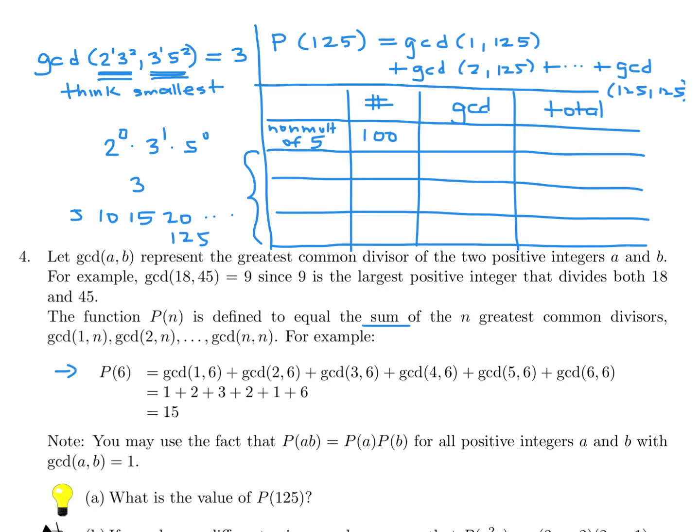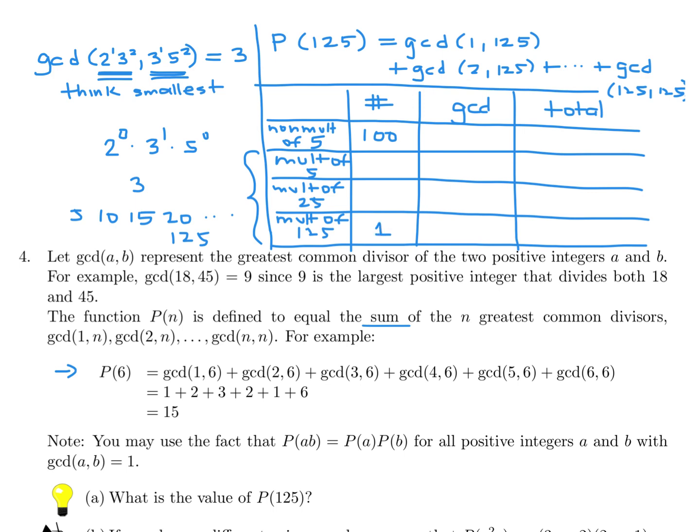Now, multiples of 5, and then multiples of 25, and then multiples of 125. Those are the other categories. Okay, so multiples of 125, well, there's only one number, 125, so there's only one of those.